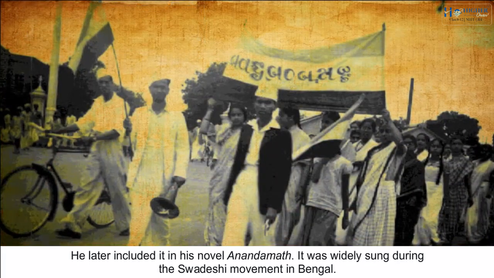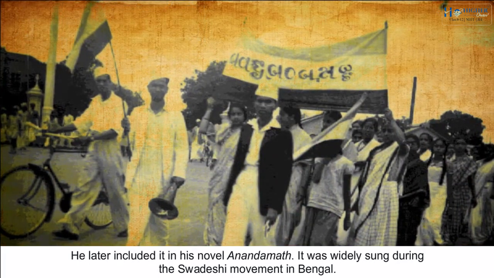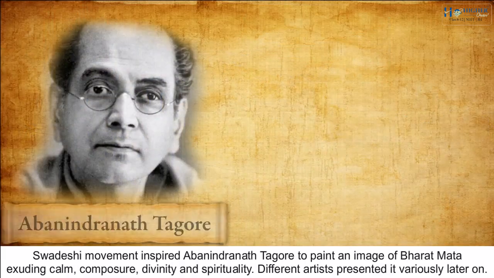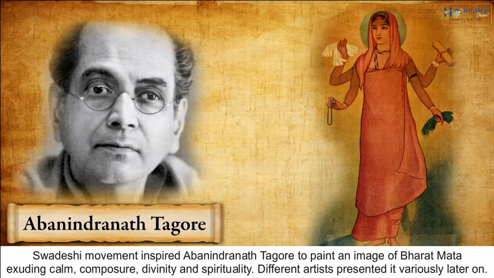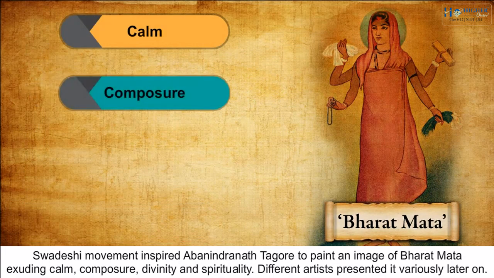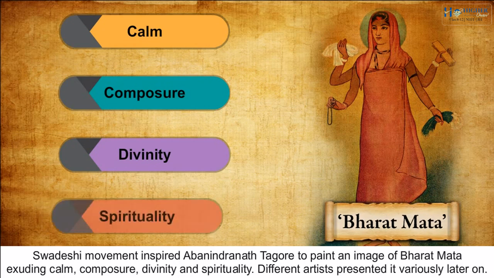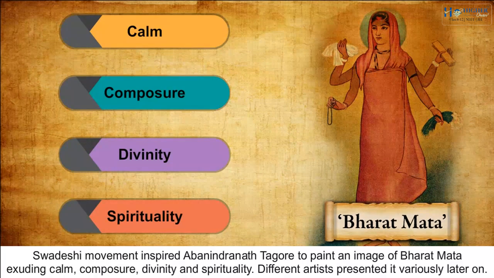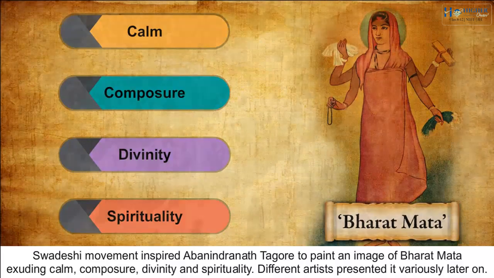It was widely sung during the Swadeshi movement in Bengal. The Swadeshi movement inspired Abanindranath Tagore to paint an image of Bharat Mata exuding calm, composure, divinity, and spirituality. Different artists presented it variously later on.